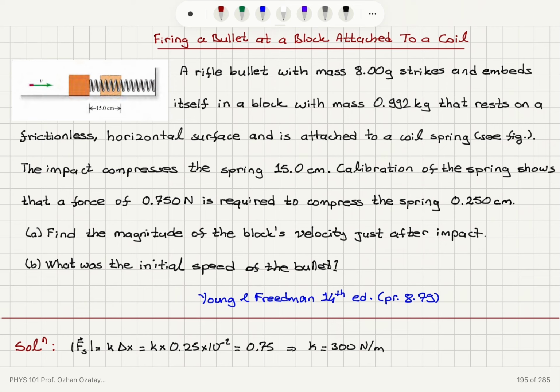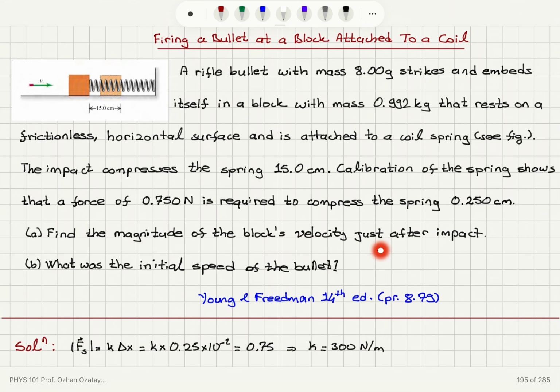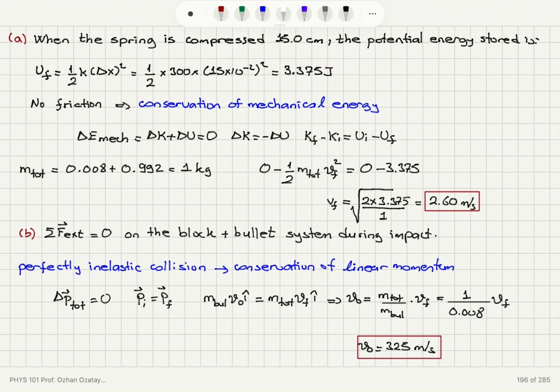So calibration data for the spring is given. A force of 0.75 newtons causes a compression of 0.25 centimeters, which gives us the spring constant. So in order to find the magnitude of the block's velocity just after the impact, we use the fact that we have conservation of mechanical energy for the process where the bullet plus the block is compressing the spring.